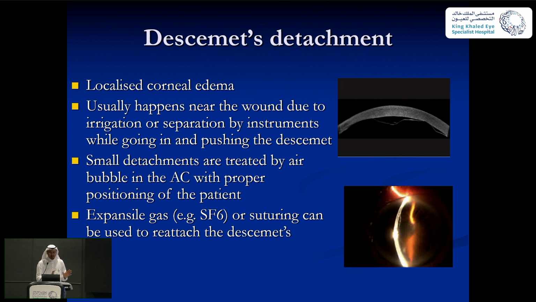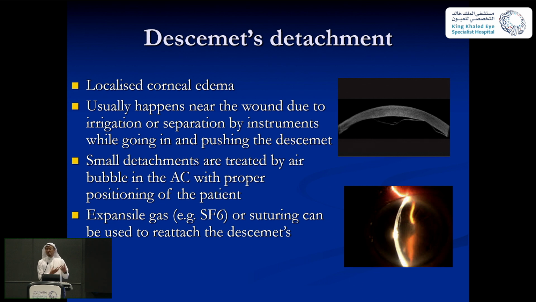They can self-attach by themselves, but the larger ones can be treated by an air bubble in the AC with proper positioning. The air always tends to go up, so if the detachment is superior, for example, you can have the patient in a semi-sitting position to ensure that the air will go where the detachment is.